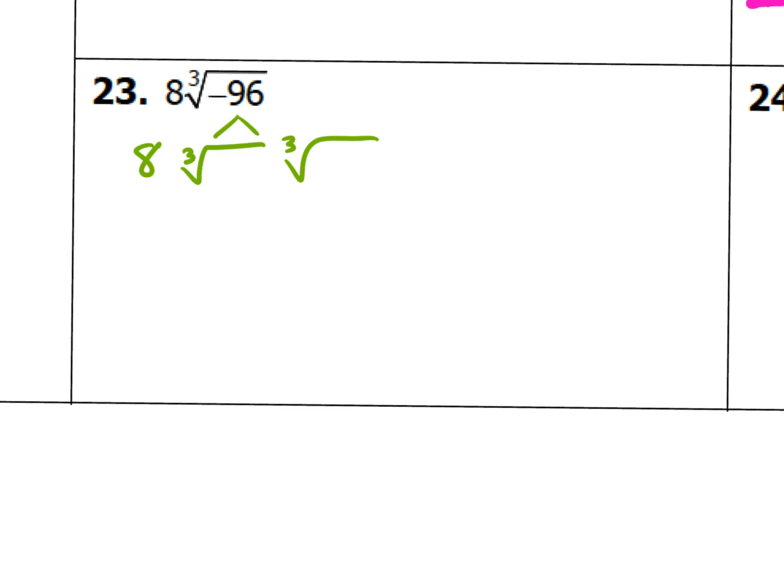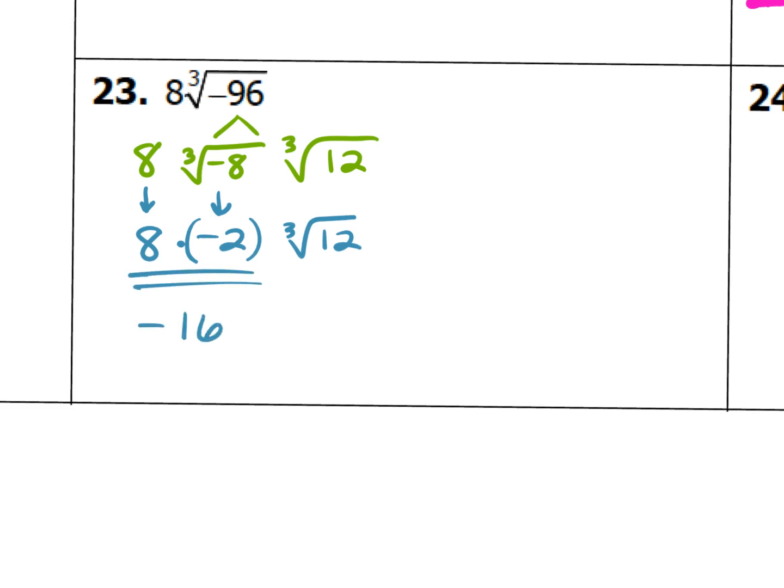With the 8. Put it with the perfect one. The positive goes with the one that's not going to break down. So this is 8 times what? Negative 2. So 8 times negative 2 times the cube root of 12, you get a negative 16 times the cube root of 12.